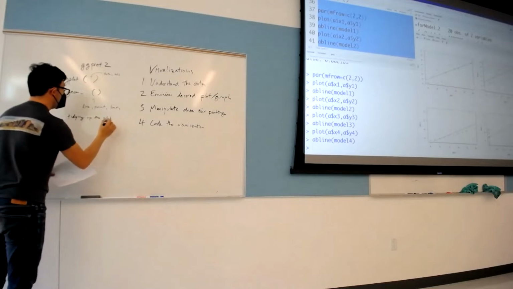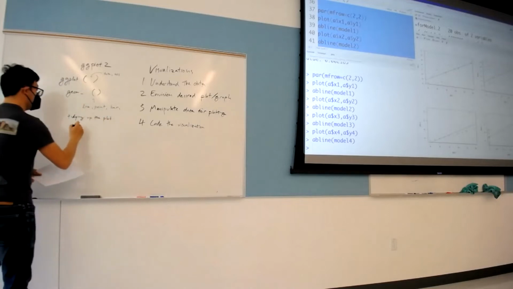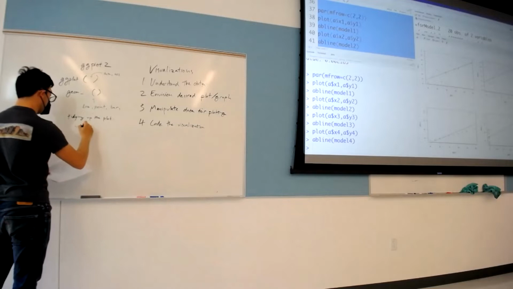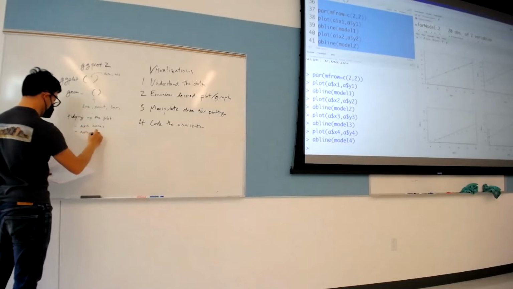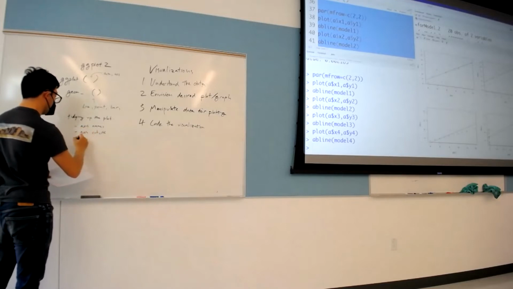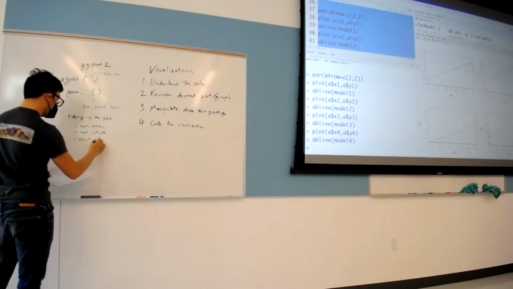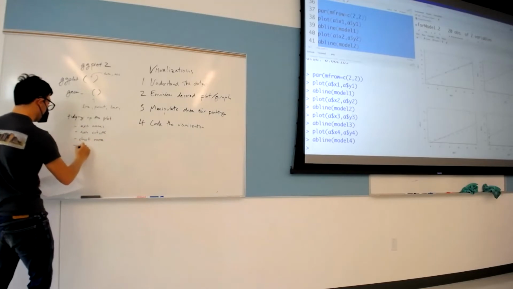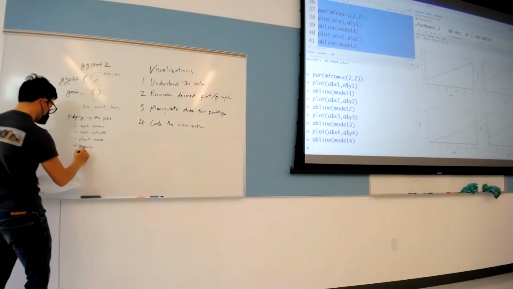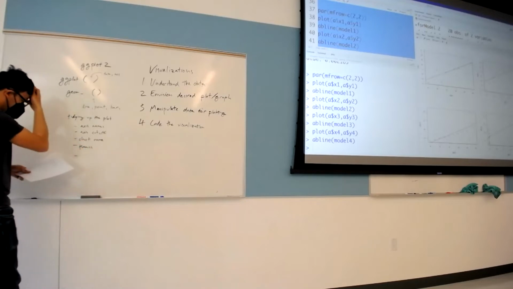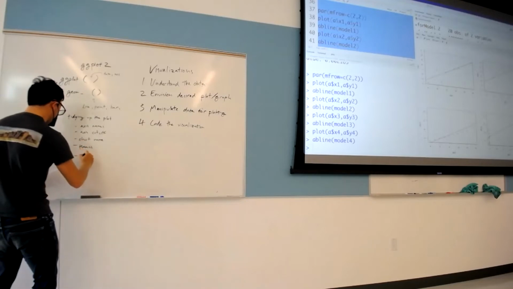Okay, and so what are my options here? These will be things like axis names, axis cutoff, chart name. There are themes you can do here, if you want to mess with the legends.